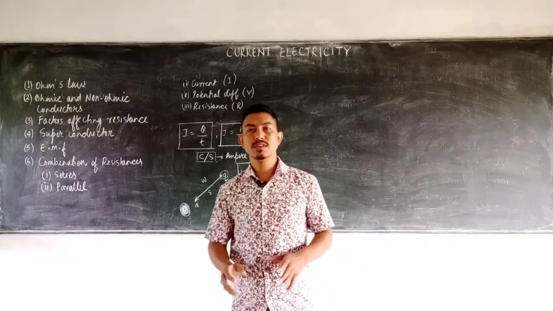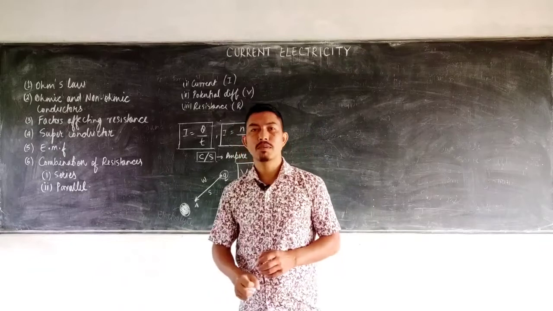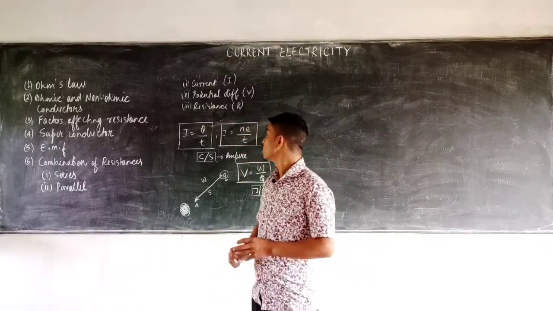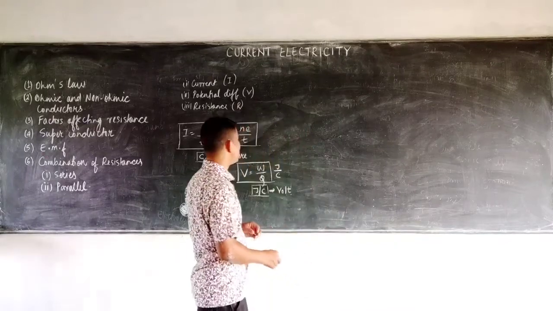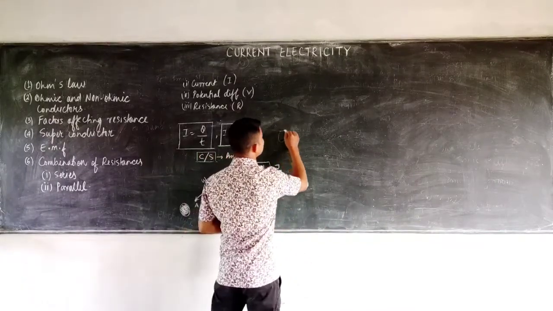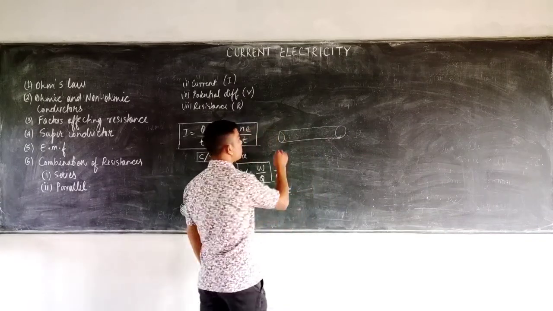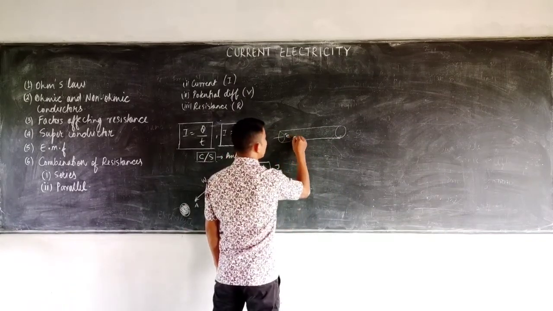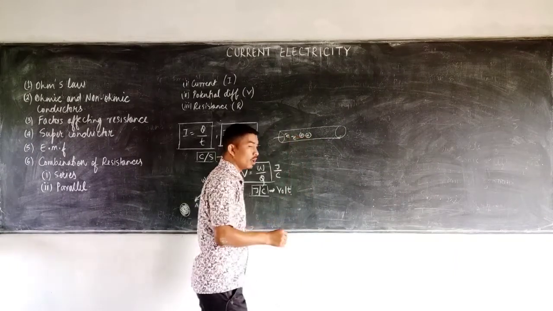The resistance is the resistive force offered to the flow of electrons when they pass through a conductor. That resistive force is known as the resistance. Now what is this resistance caused by? Suppose this is a wire. When electrons flow through a wire, they collide with the ions present there, and they also collide with one another.